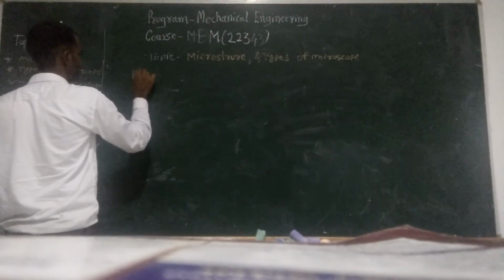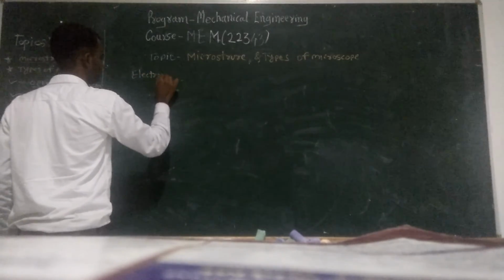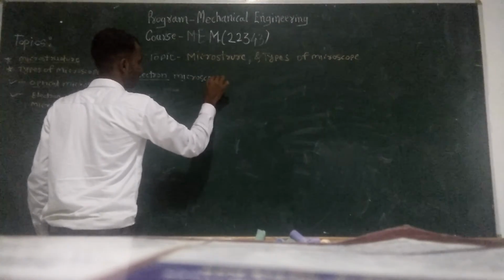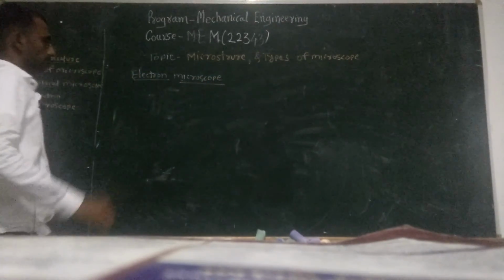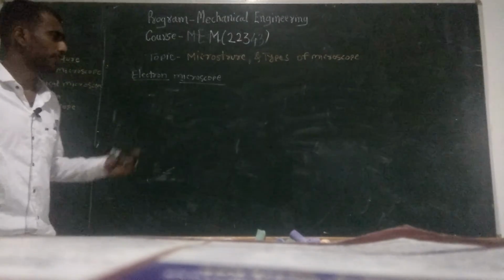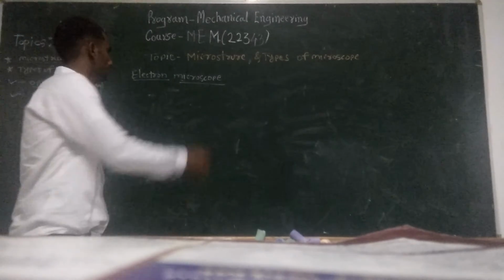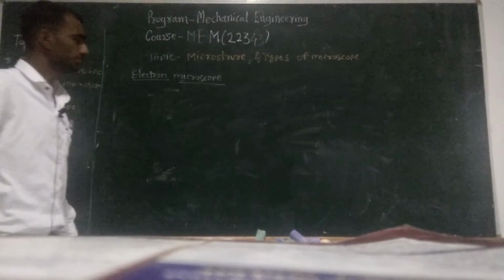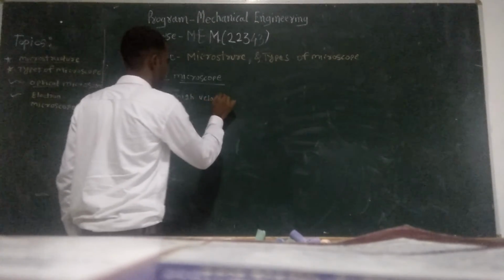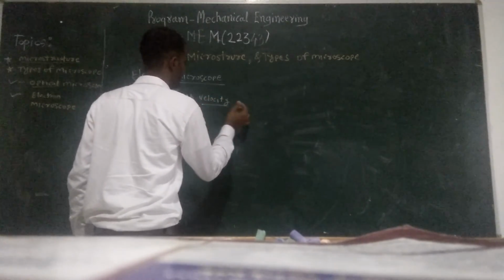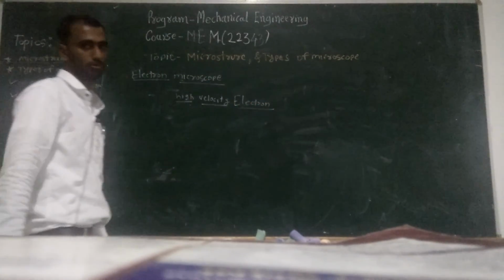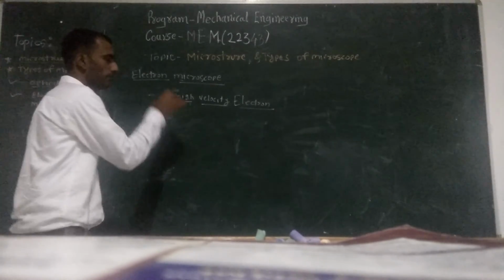The electron microscope is generally different from the optical microscope. Meaning in the electron microscope we use high velocity electrons instead of light.